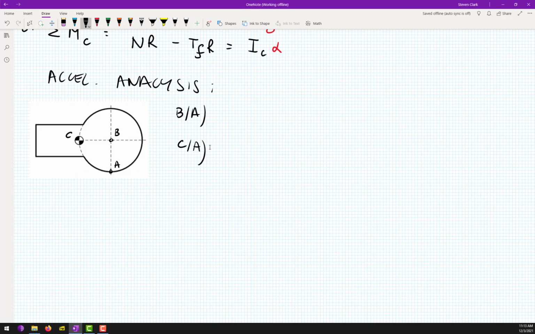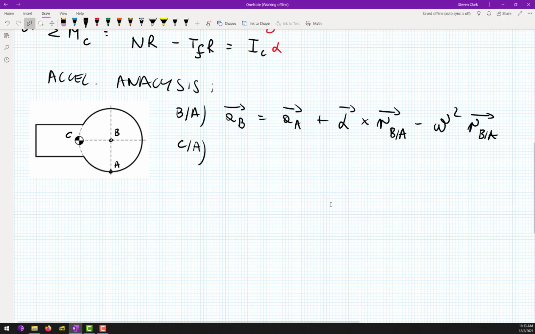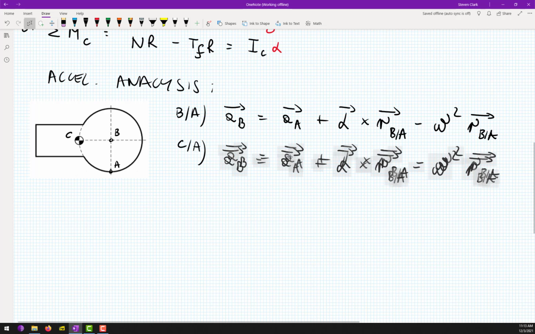So in here we will have AB is equal to AA plus alpha times RBA minus omega squared RBA. Okay, and I'm just going to copy that expression and paste it one line below. But I'm just going to replace subscripts.